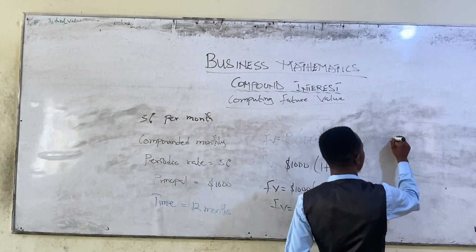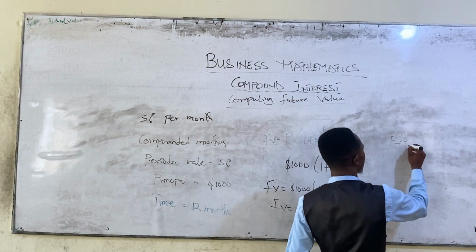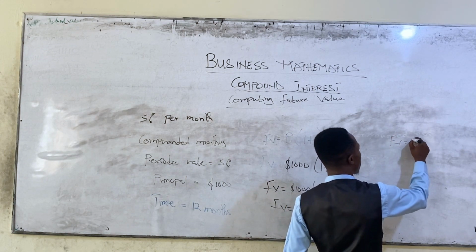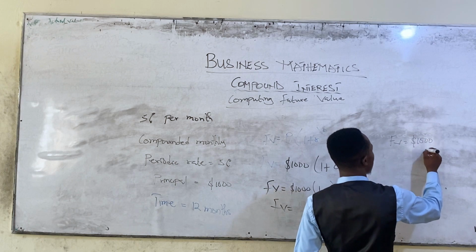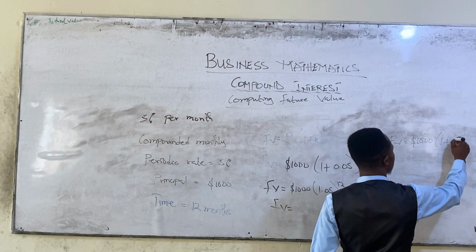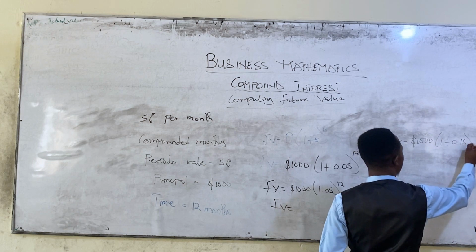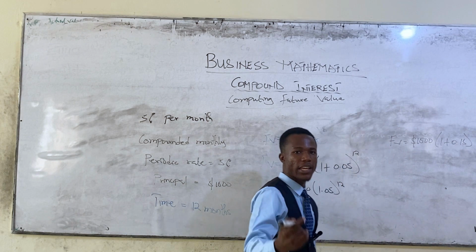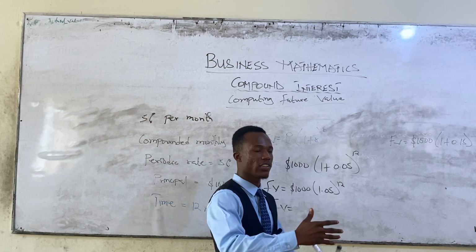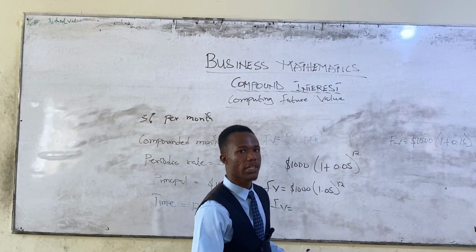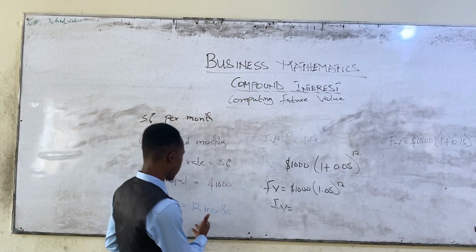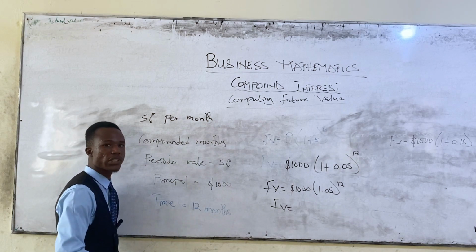We have, so your future value is equal to your present value, which is $1,000, 1 plus the 15% given, which is 0.15, exponent what? The n is what? The number of times you are compounding it in a year. So how many times are they compounding it? For the first example, they were compounding it what? Monthly.